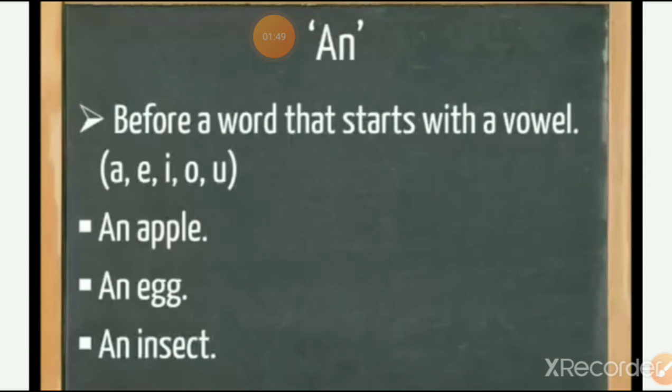Now, an. We use an before a word that starts with a vowel: a, e, i, o, u, like an apple, an egg, and an insect. So here a, e, i are the vowels.